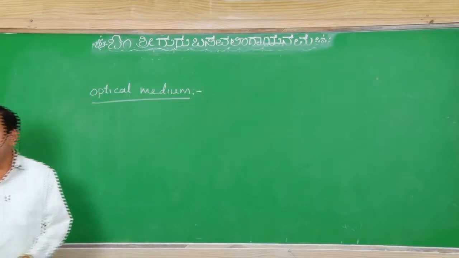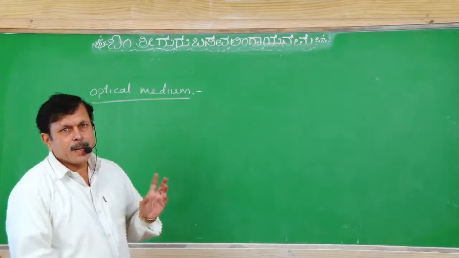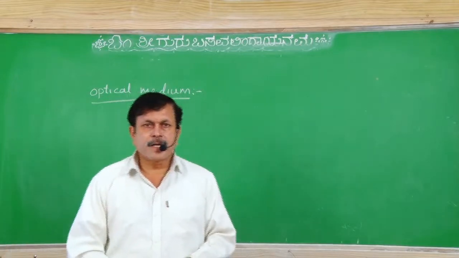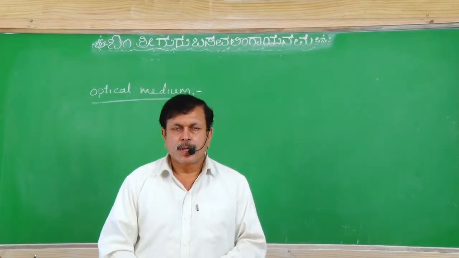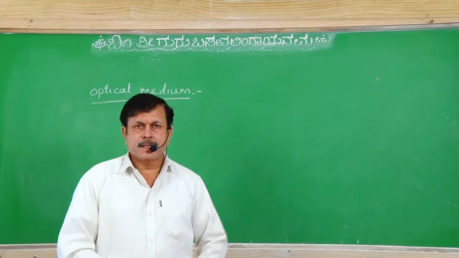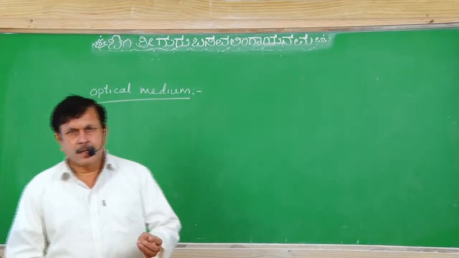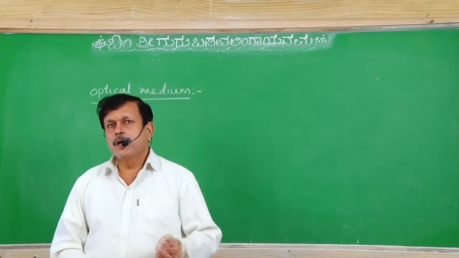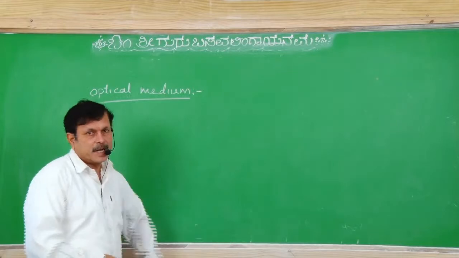Suppose if we take water, light can pass through pure water. But if you take muddy water, some amount of light can pass through. So any medium through which light can pass is called an optical medium, like pure glass, water, air, etc. They are called optical media.